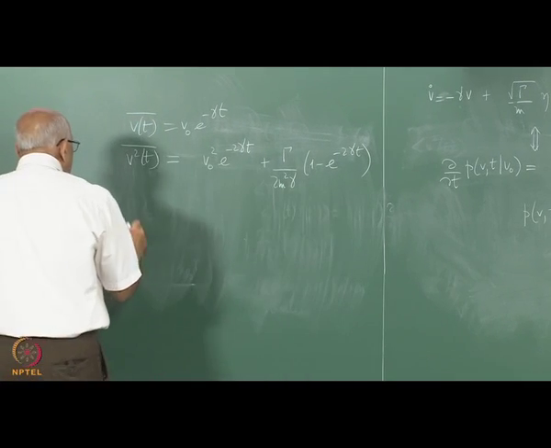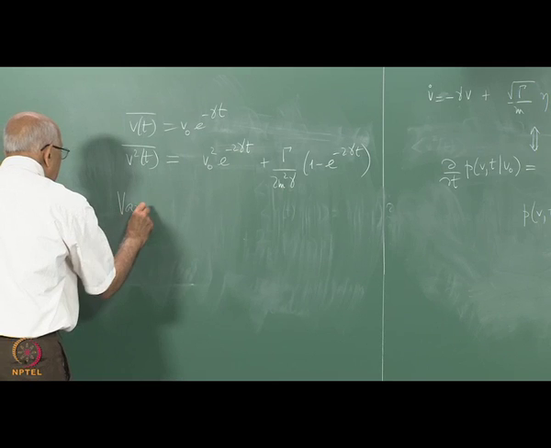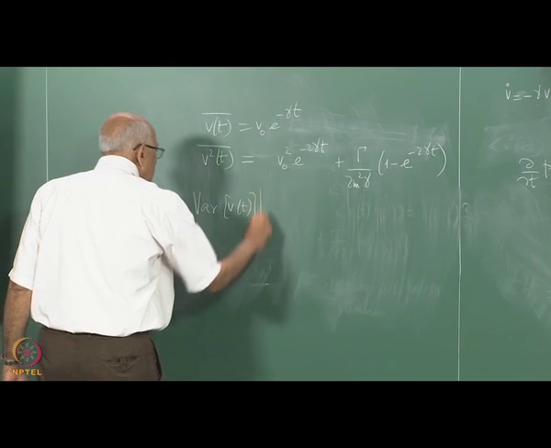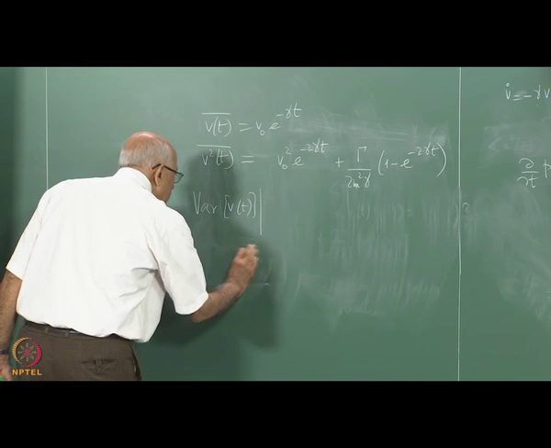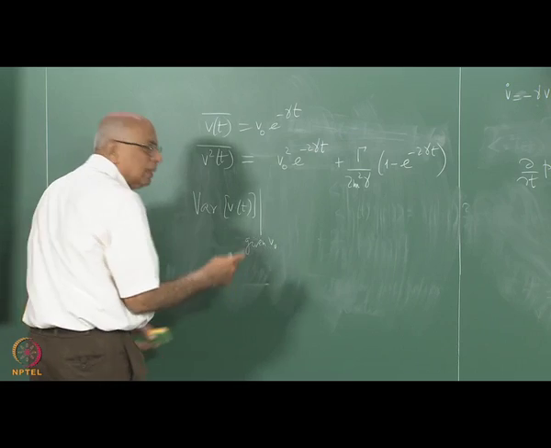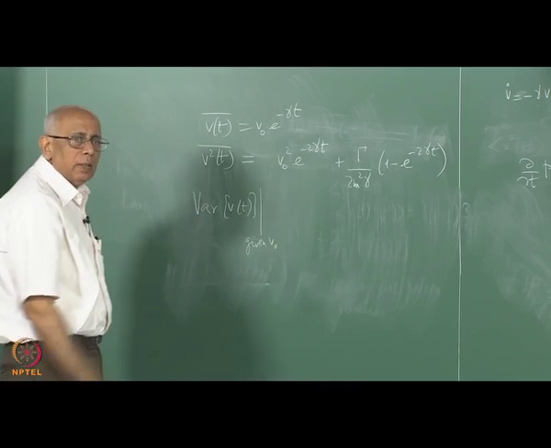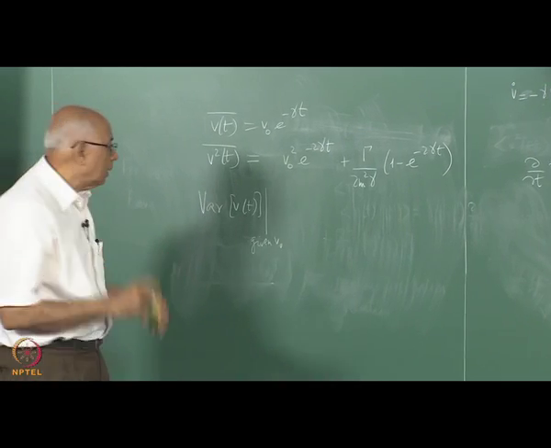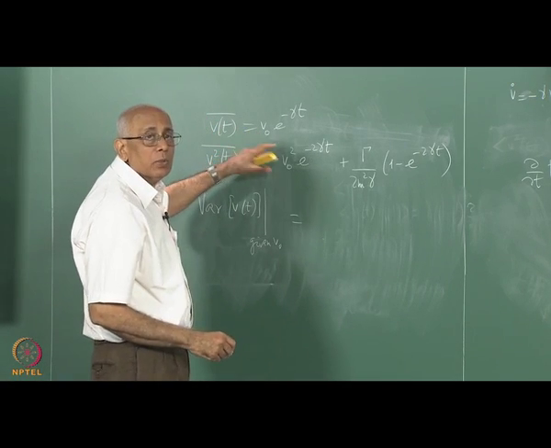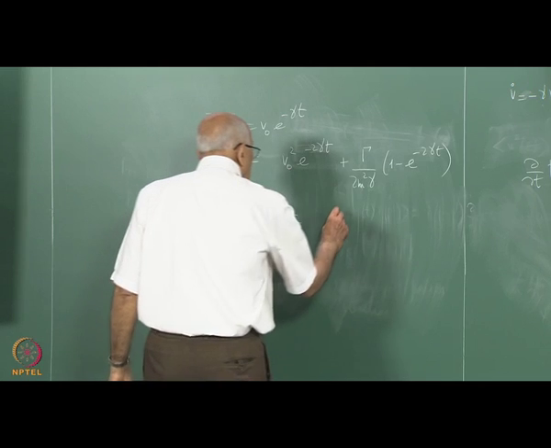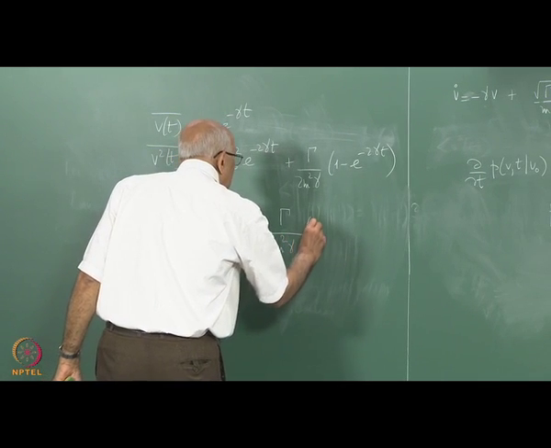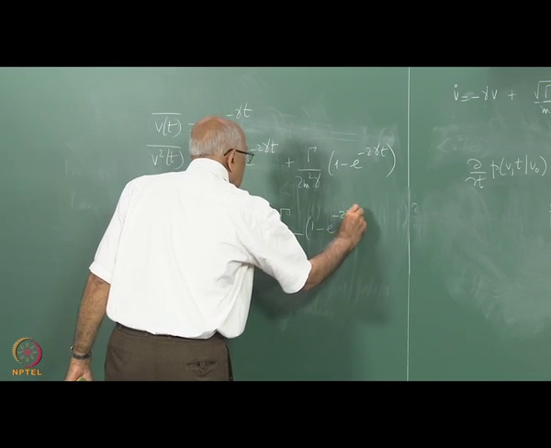So, the variance of V of t, for given V naught, we should always remember that this is with a conditional ensemble, is equal to this fellow minus this squared. So, this cancels out and you end up with gamma over 2 m squared gamma times 1 minus e to the minus 2 gamma t.